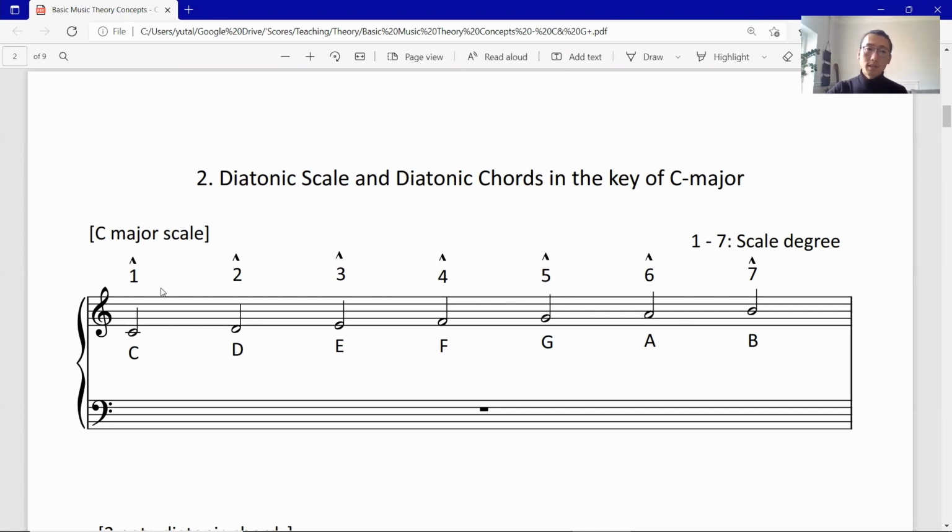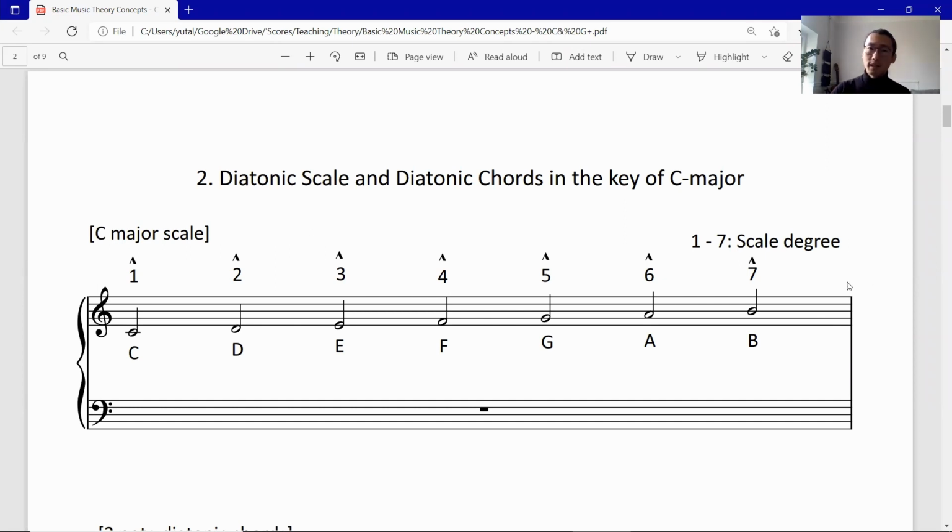So how do the numbers work? You can see those numbers on top of each note, which is called scale degree. If you have a scale like this, scale degree is putting a number on each note. So there's 1 at C, and 2 at D, 3, 4, 5, 6, 7.